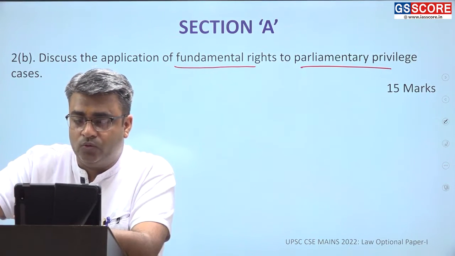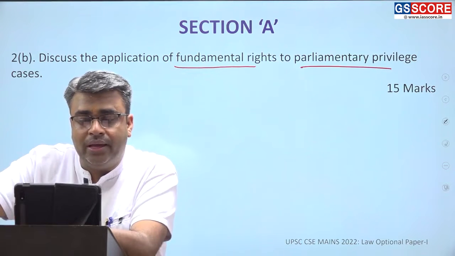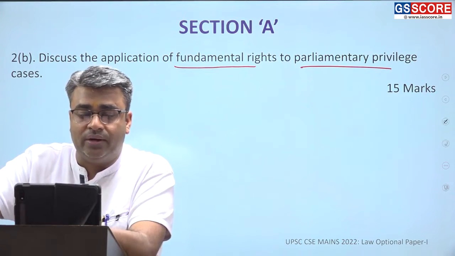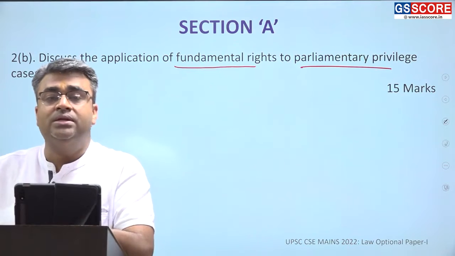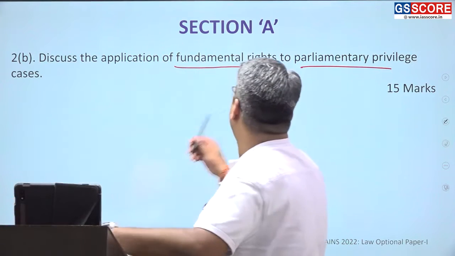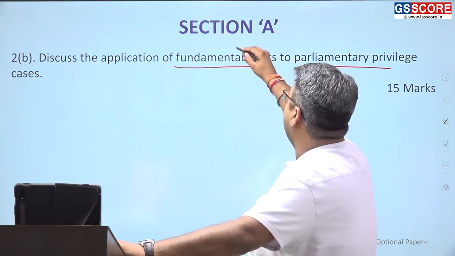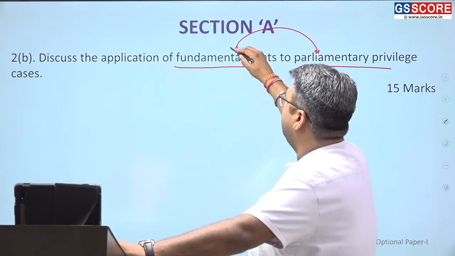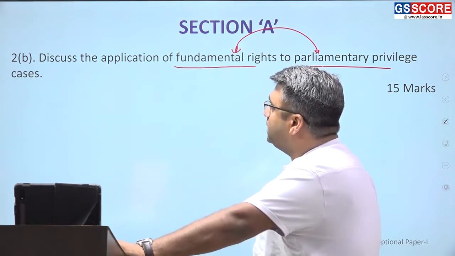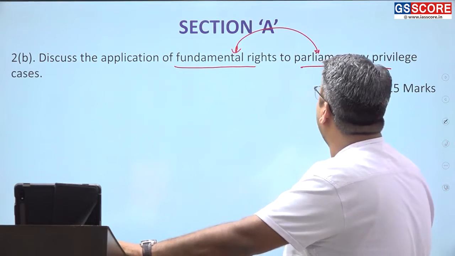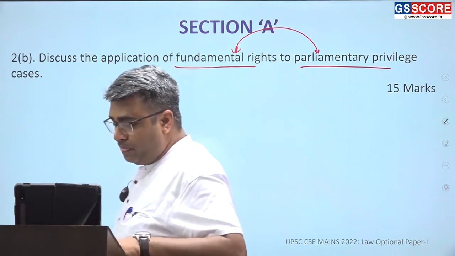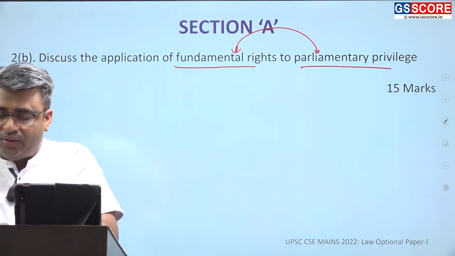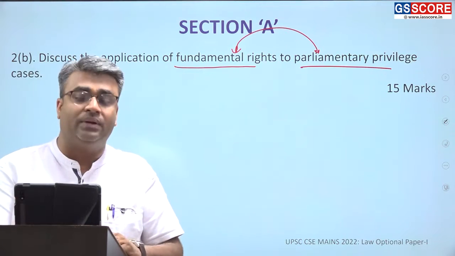Okay. So the point here is why this question is relevant and what the various judgments are to take care of the conflict between the fundamental rights and the parliamentary privileges. So discuss the application of fundamental rights to parliamentary privileges cases. Sometimes there is a conflict between the fundamental rights and the parliamentary privileges.